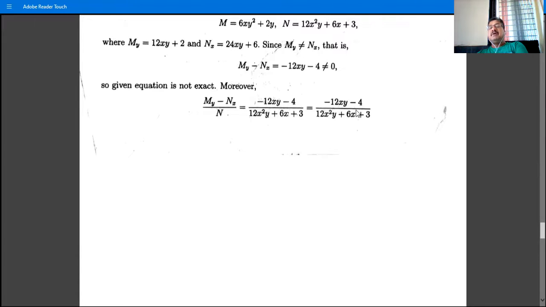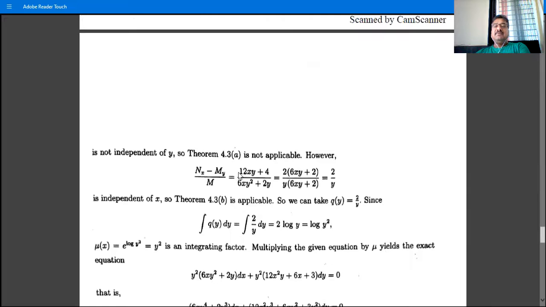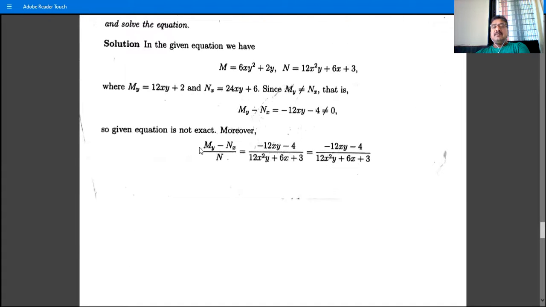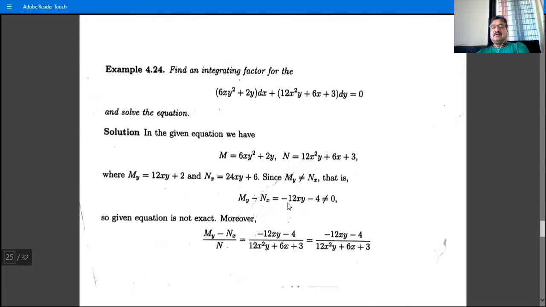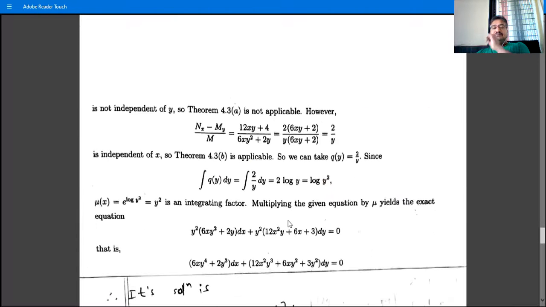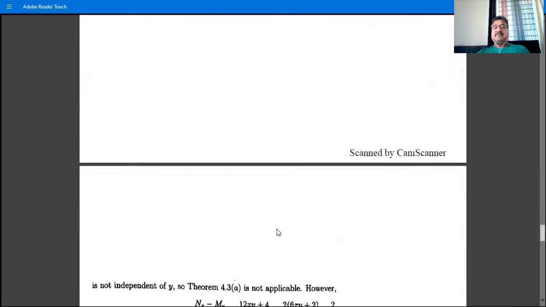It is not purely a function of x or independent of y, and therefore we find instead of M y minus N x, N x minus M y divided by M. So N x minus M y is this, plus 12xy plus 4, divided by M, which is 6xy square plus 2y.